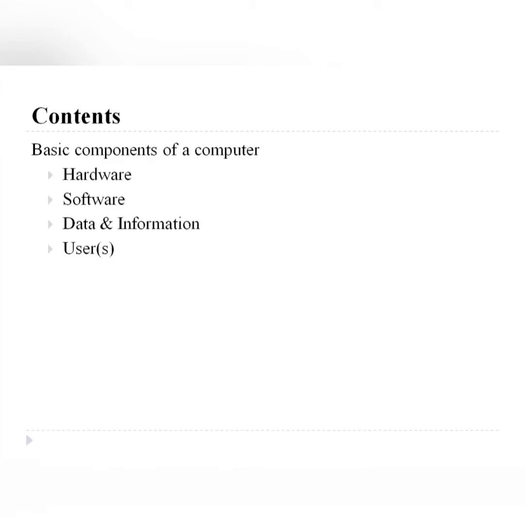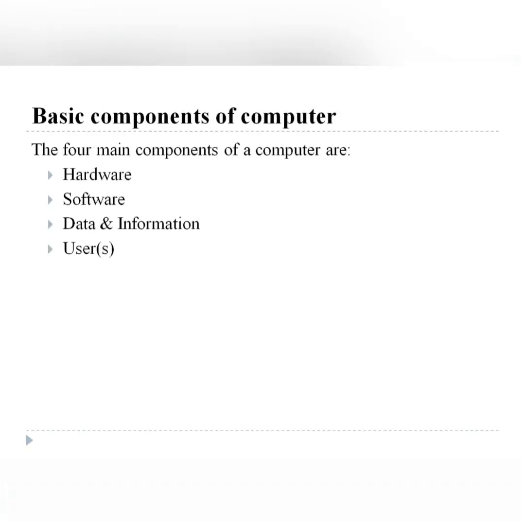To instruct the hardware what to do and how to do it, we need to give some instructions. This set of instructions, we call it software. So all these components, hardware, software, data and information, and also users, are all considered components of a computer.